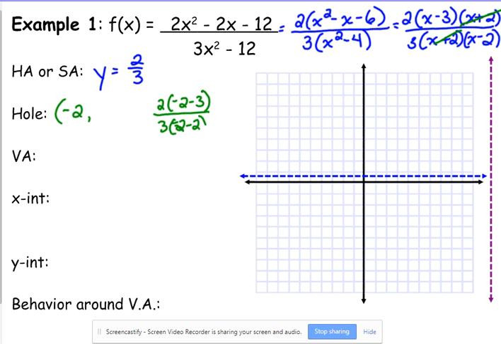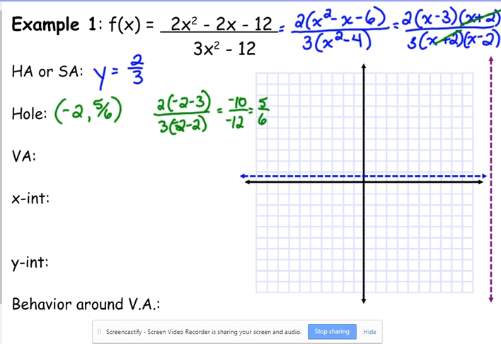Negative 2 minus 3 is negative 5, so we get negative 10 on the top. Negative 2 minus 2 is negative 4, so we get negative 12 on the bottom. Negative over negative is a positive. Both of those are divisible by 2, so we get 5 over 6.